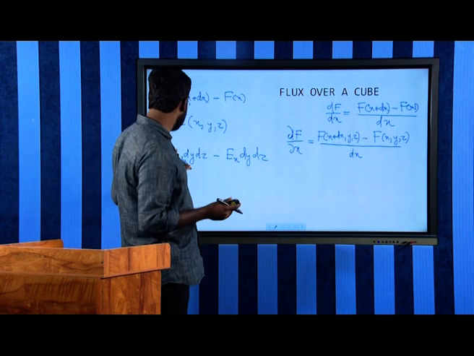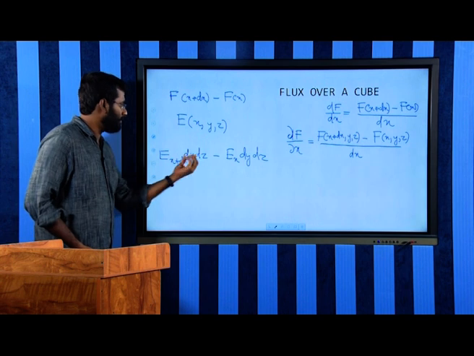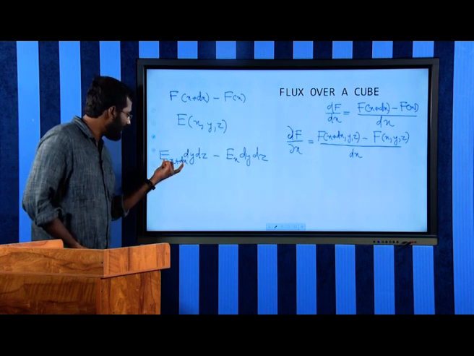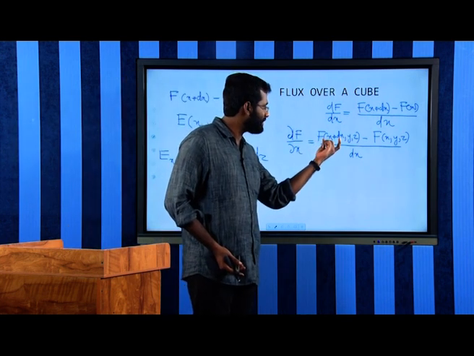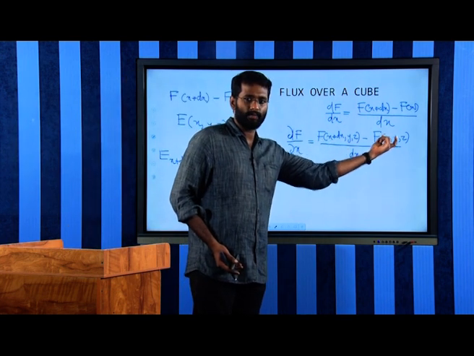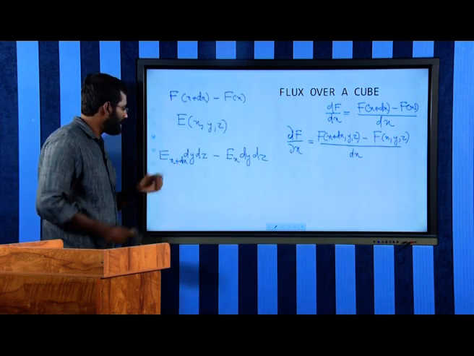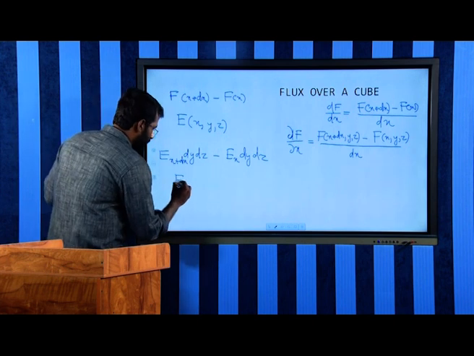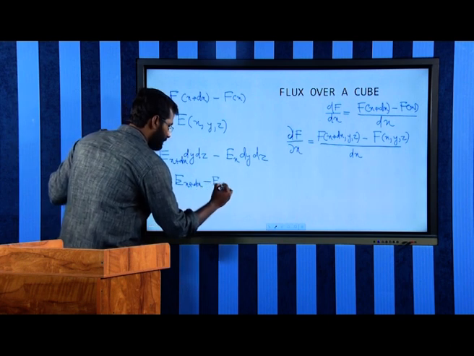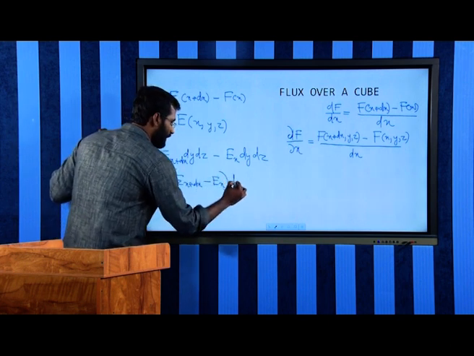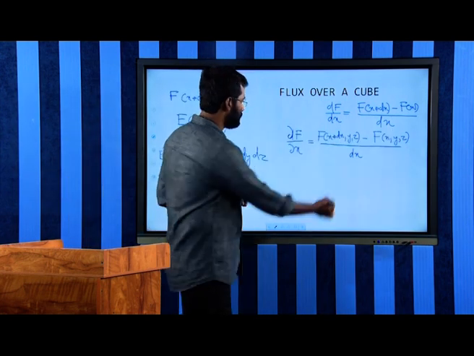Here, just neglect dy and dz, so we can take them outside as common, but this is E at x plus dx and this is minus Ex. Here also this is f of x plus dx minus f of x. So it is E at x plus dx minus Ex, into dy dz. Now, this is exactly the same as the numerator. So, what is the denominator?